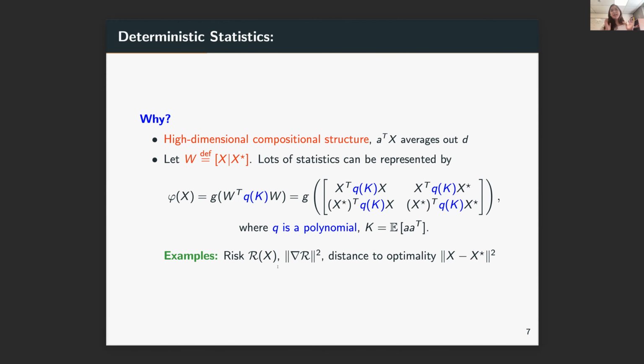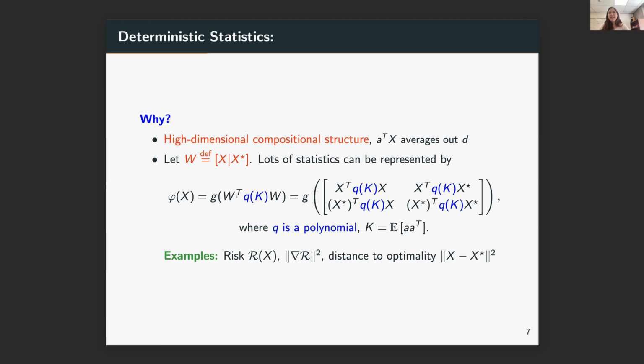What we're going to do is let W be the concatenation of X and X star. The idea is that lots of statistics that we're interested in, lots of functions that we would like to determine dynamics for, take a specific form: they look like a function G applied to the matrix W transpose Q of K W, where Q is a polynomial and K is the covariance of your data.